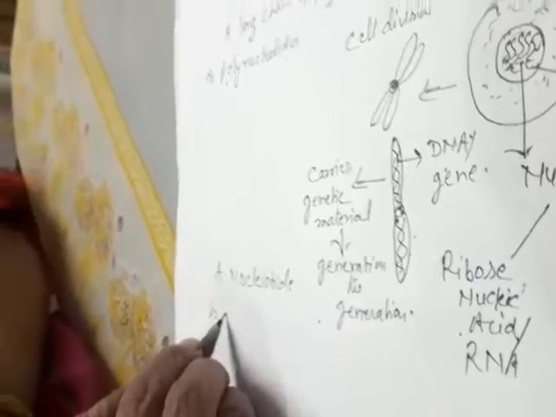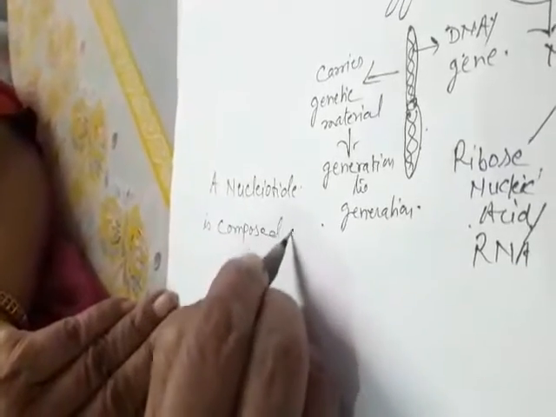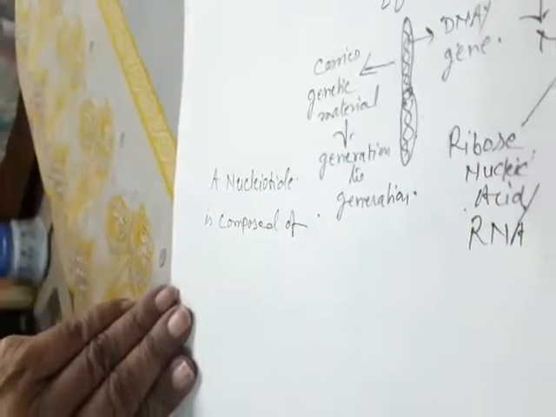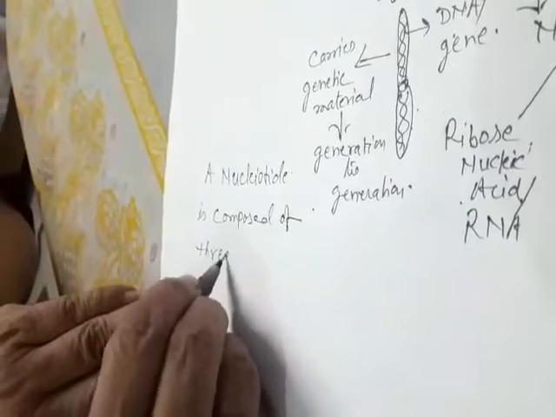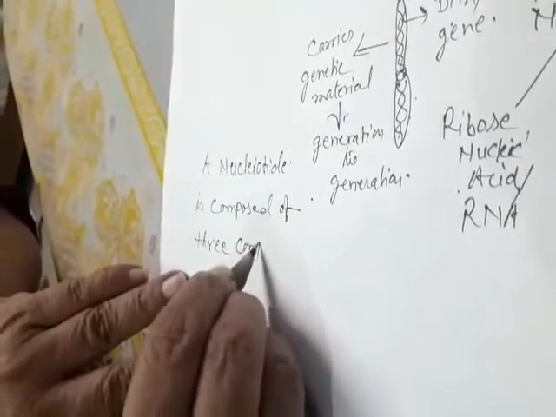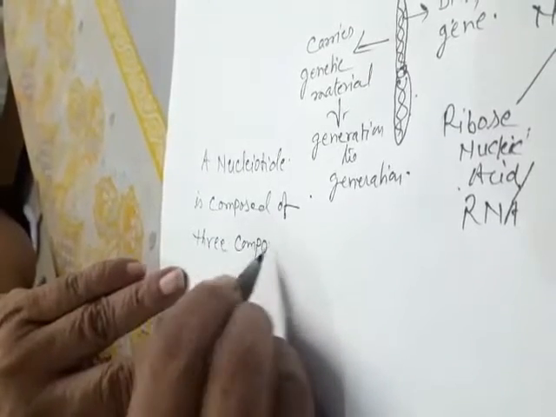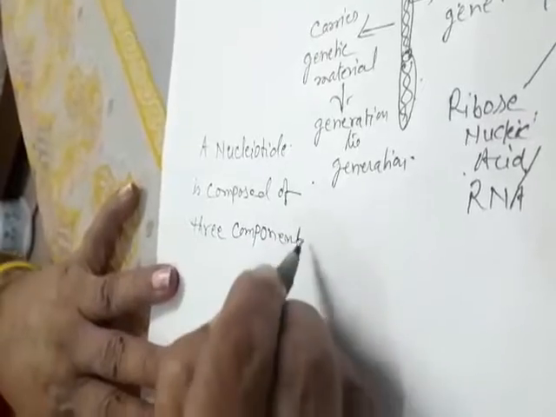A nucleotide is composed of three components.